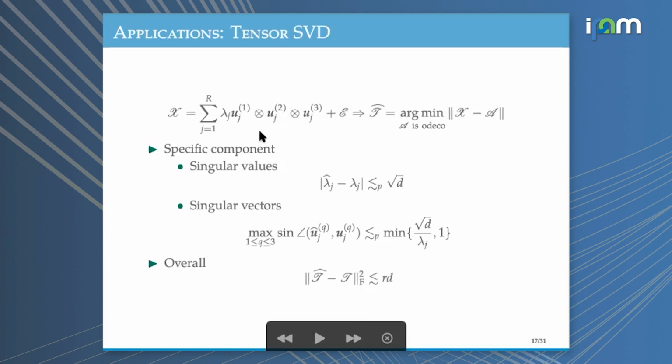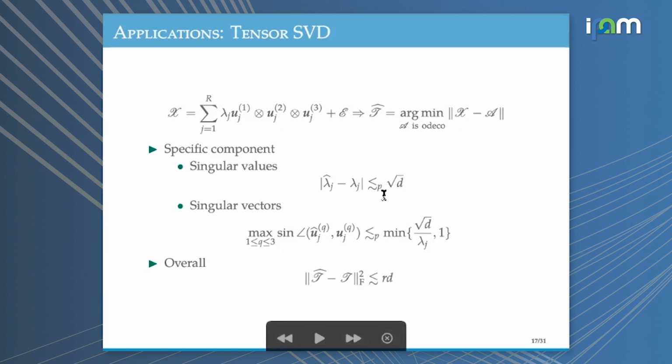The first one is just this tensor SVD problem. Suppose I have just a rank R orthogonally decomposable component as my signal, plus a noise, which is an IID Gaussian ensemble, standard Gaussian. You can do the computation, as I mentioned, for an IID Gaussian ensemble, the spectral norm is going to be of the order square root D. So just plug this in, I can estimate all these singular values at the order of square root D, and estimate all these singular vectors at the rate of square root D divided by lambda J and 1, whichever is larger.